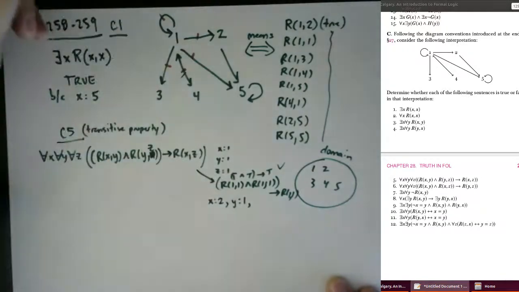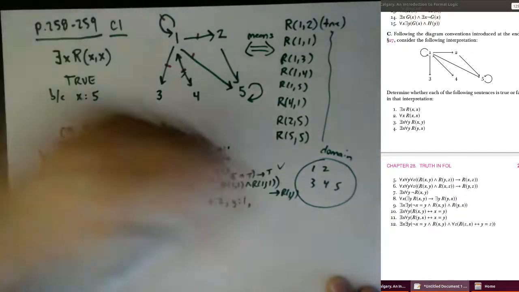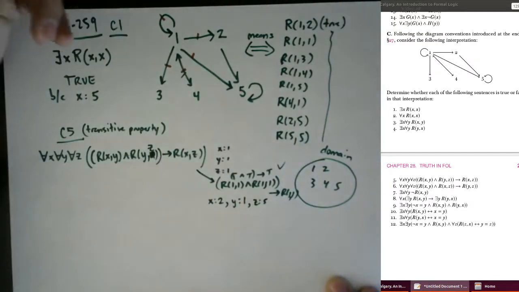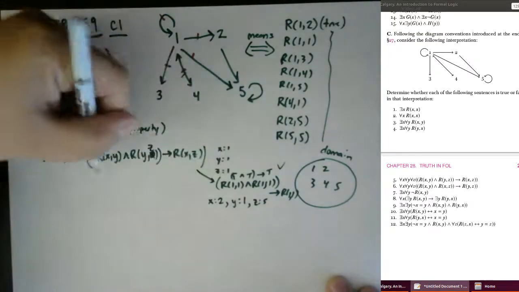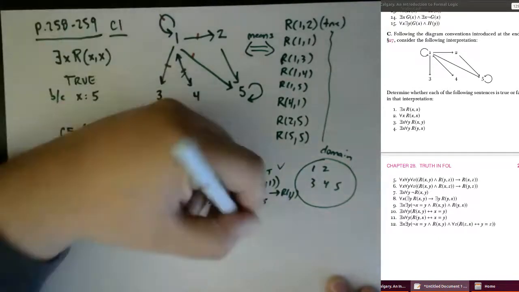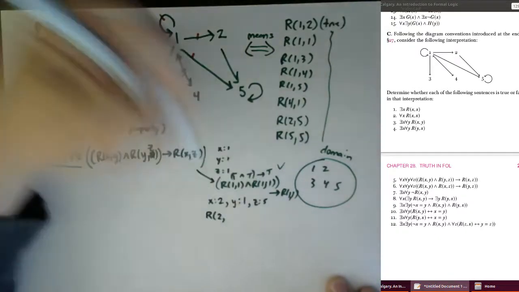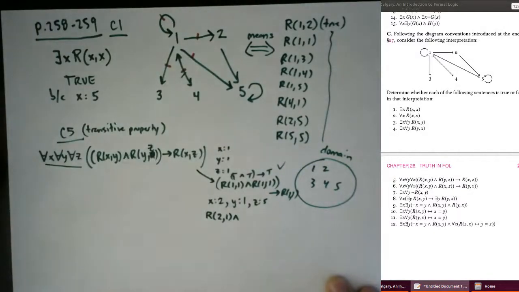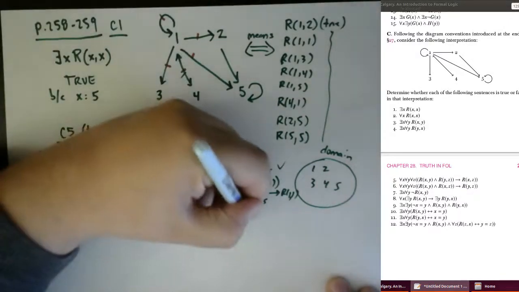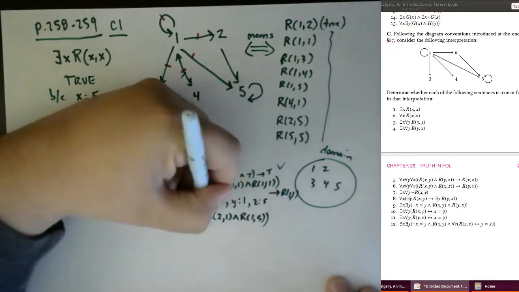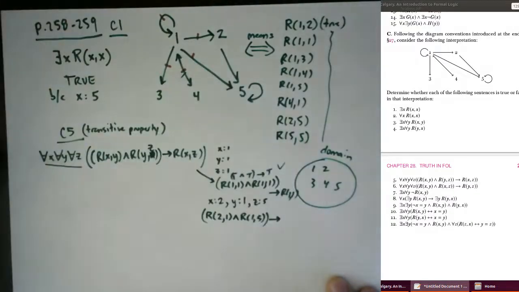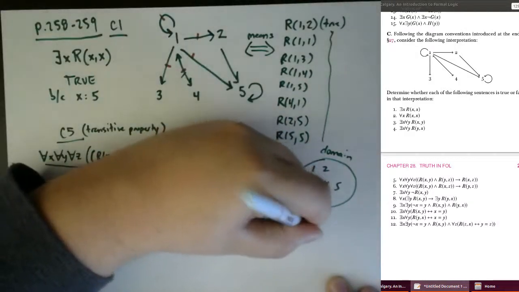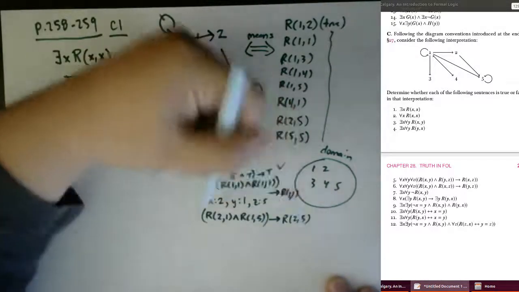And we could let Z be 5, for example. I just kind of picked those out at random. But if I did this, that gets rid of these quantifiers, and I'm left with R2,1 and R1,5 implies R2,5.